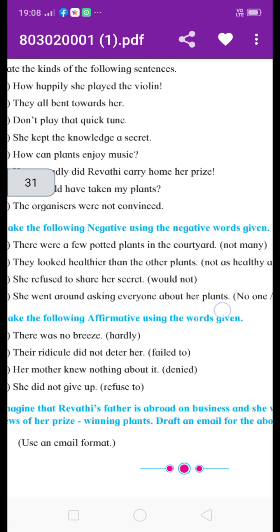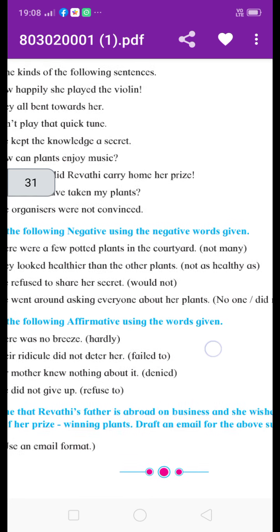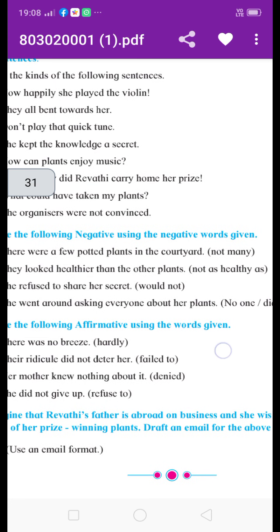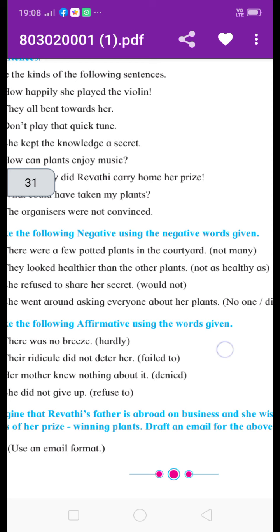Okay. Then next, she went around asking everyone about her plant. How are we going to change this? She did not omit anyone when she went around asking about her plant.